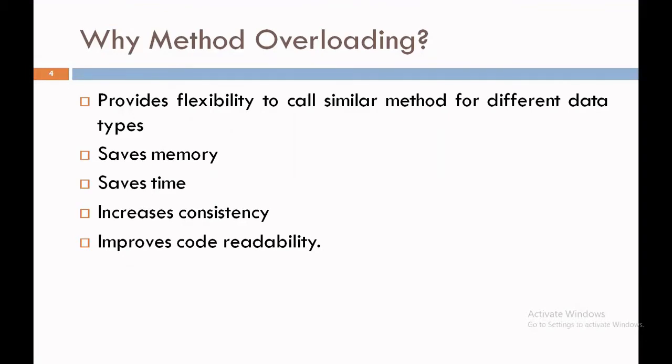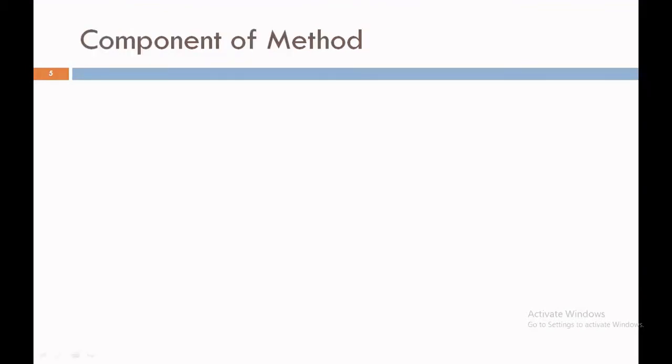Now, first of all, we know what a method is and what the components are which are used to declare a method in Java. A method is a collection of statements that are grouped together to perform an operation, to perform a particular task. It takes some parameters, performs some computation or calculation, and then optionally returns a value.